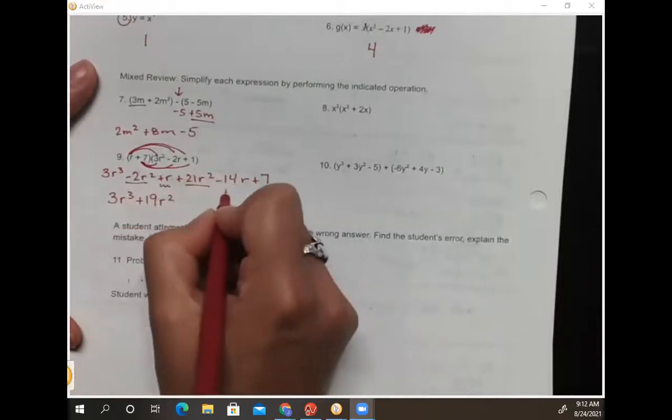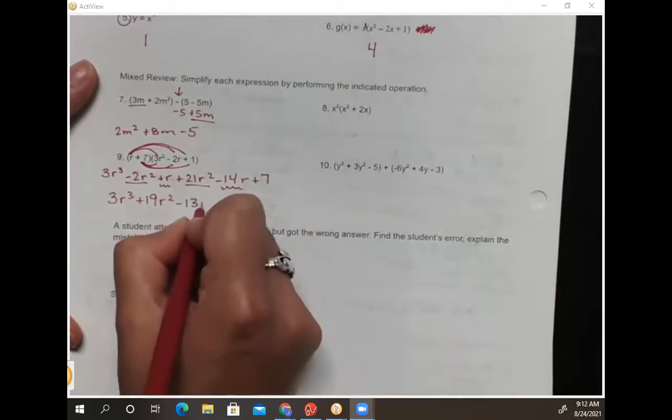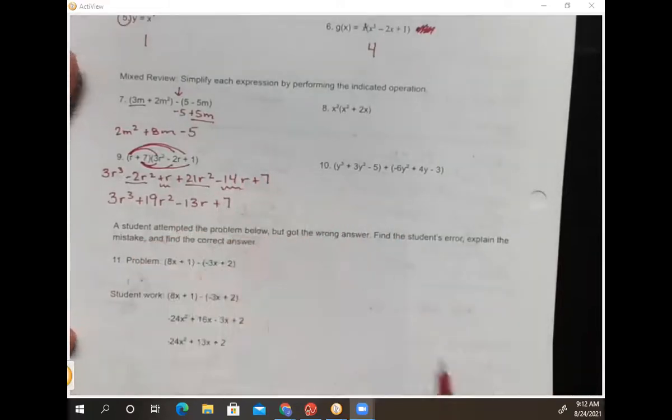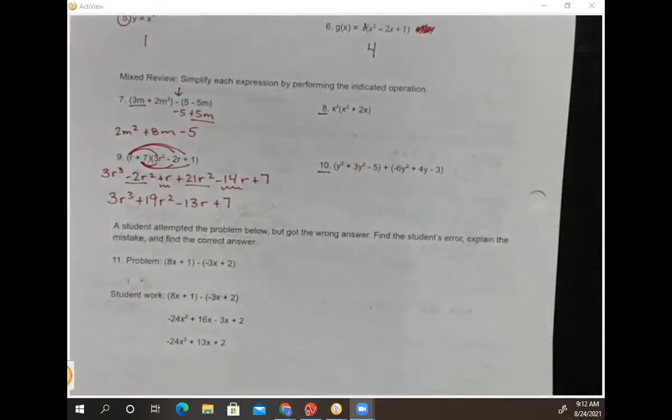Then I've got r term, r minus 14r would be negative 13r, and then 7 is my only constant term, so plus 7. I would like you now to try number 8 and number 10.